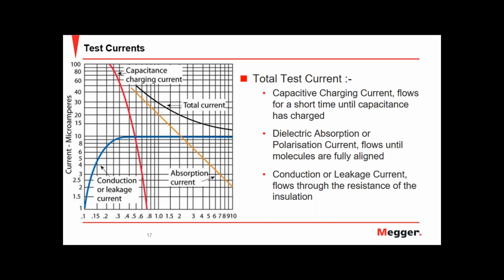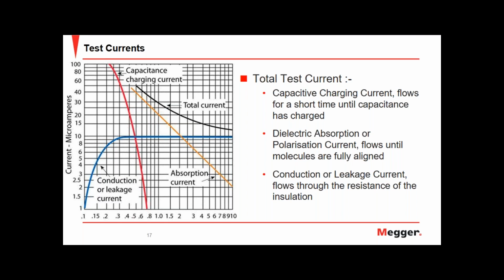the test is not applicable is that, looking at the same graph that you are seeing on the presentation, one of the currents is absorption current, and absorption current indicates the polarization or the alignment of the molecules in one direction when a DC field is being applied.